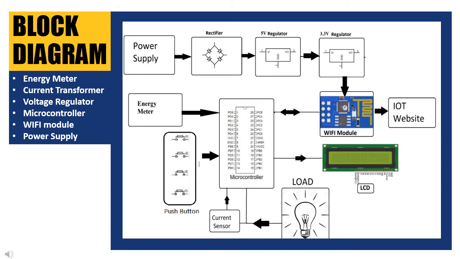So the most important component here is the energy meter. The energy meter will record the value of power, current, and voltage, and the data will be sent to the microcontroller.